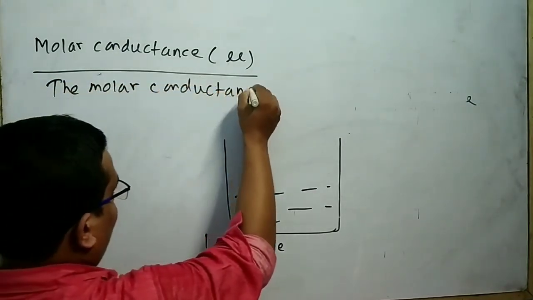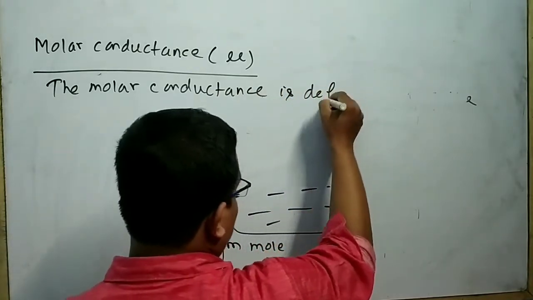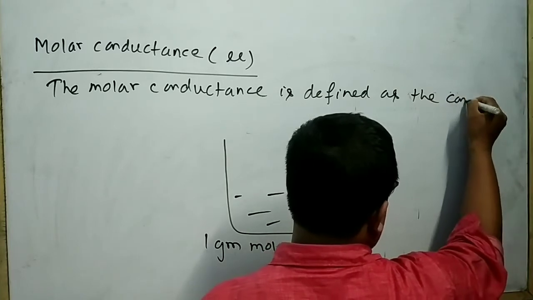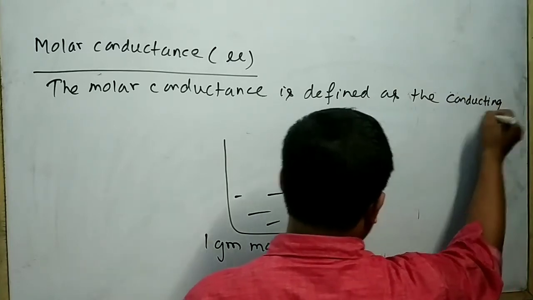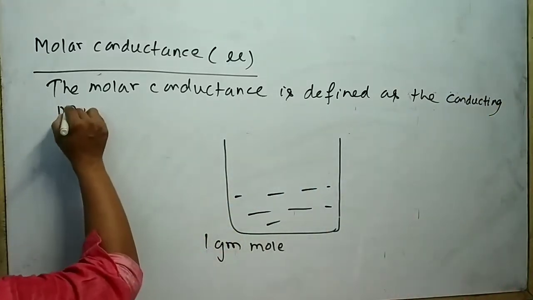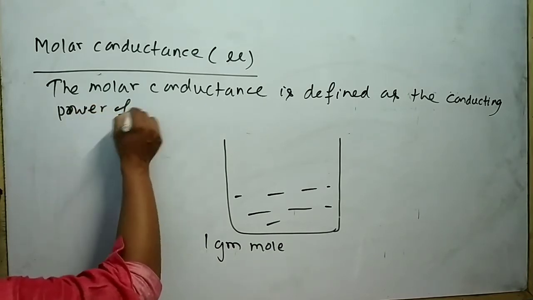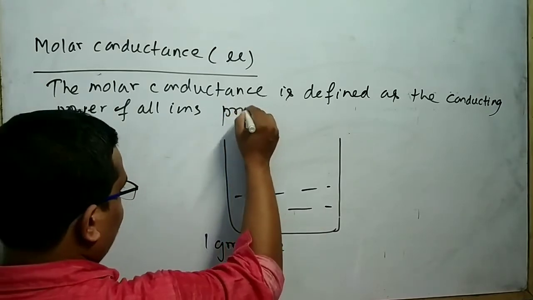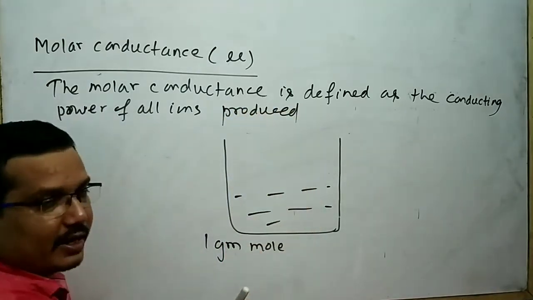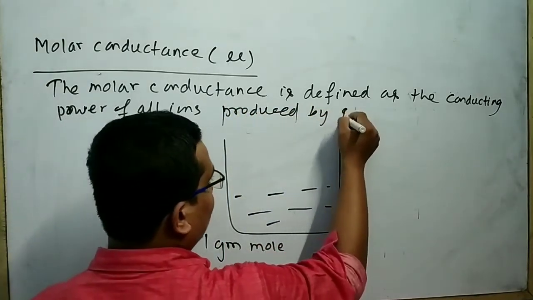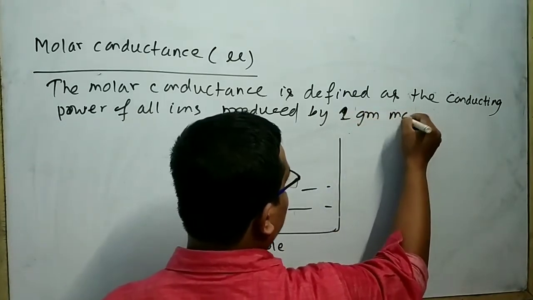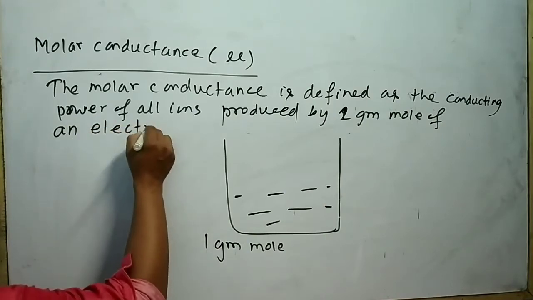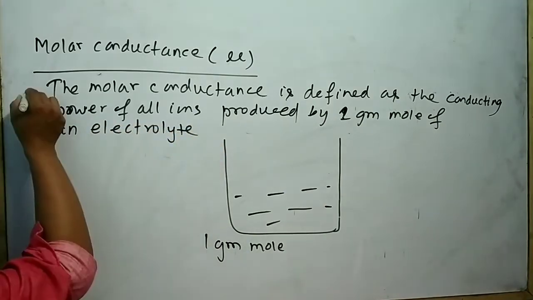The molar conductance is defined as the conducting power of all ions produced by 1 gram mole of an electrolyte.